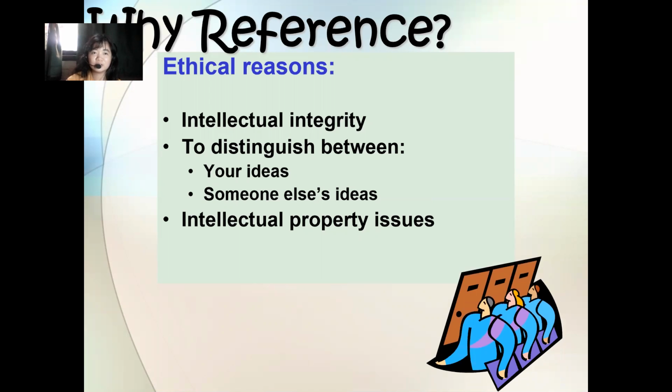You need to cite and reference because those are not your own ideas; you are just borrowing ideas from someone else. If you are not citing or referencing properly, you will commit copyright infringement and plagiarism. So, intellectual integrity: you have to respect the ideas of someone else because they worked hard for it.